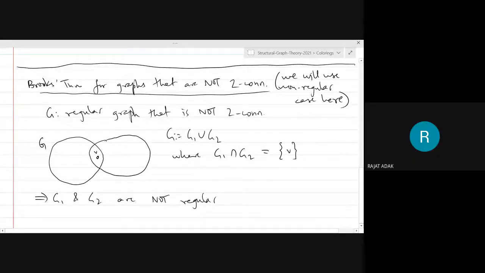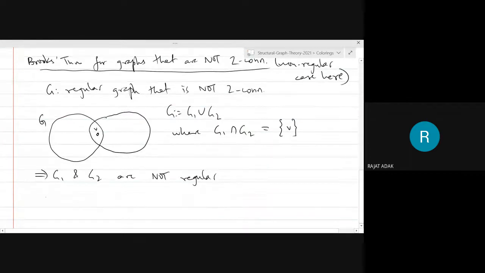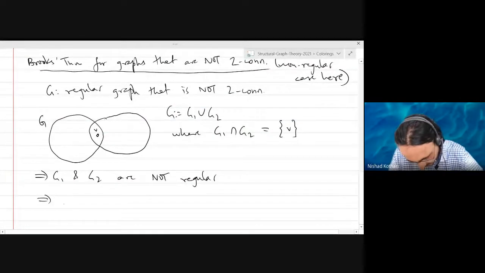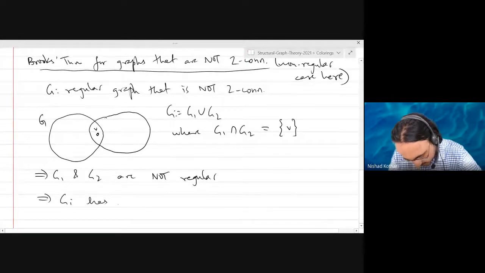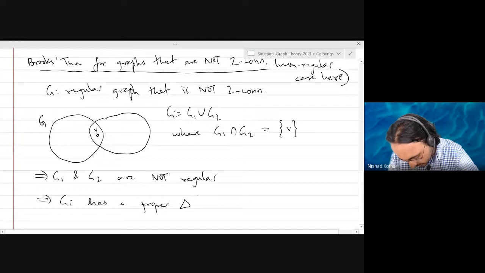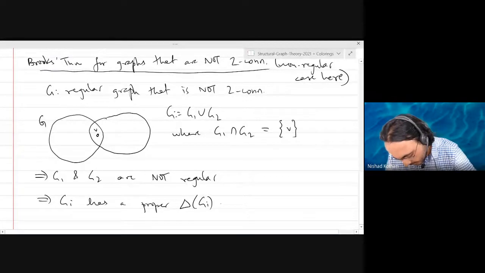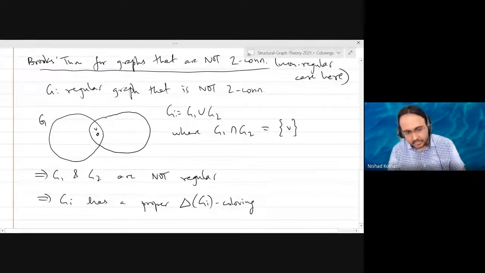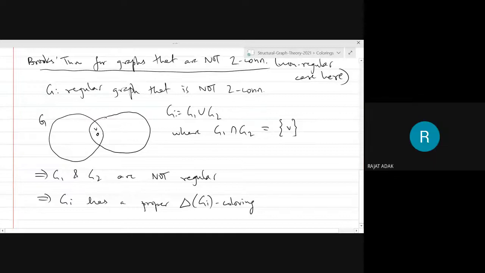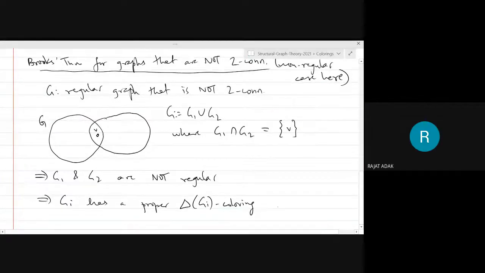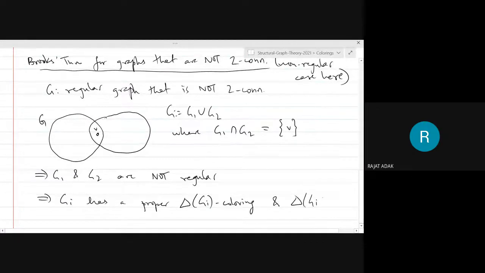And then I can color G1 and G2 using at most delta colors. Exactly. So Gi has a proper delta coloring. By coloring, I mean vertex coloring, of course. And chi of G is basically equal to the maximum of chi of G1 and chi of G2. That's right.